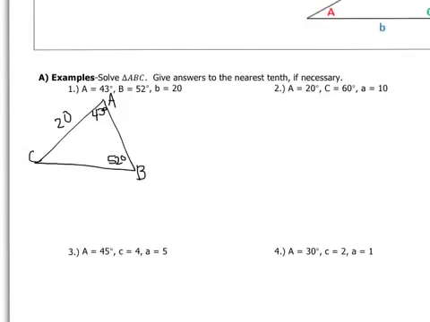They all add up to 180. So the measure of angle C would be 180 minus the 43 minus the 52. And that should be 85. Go ahead and fill that in your picture.